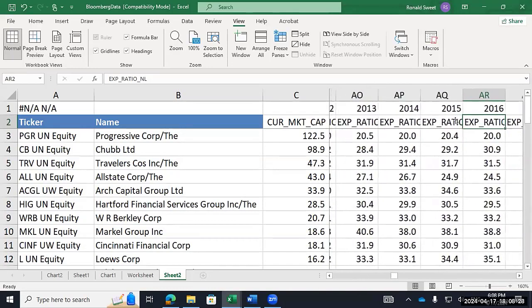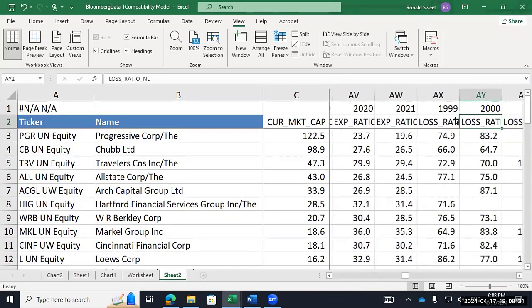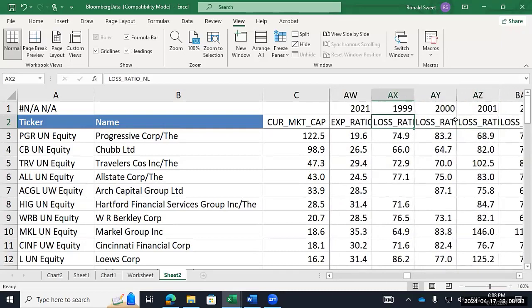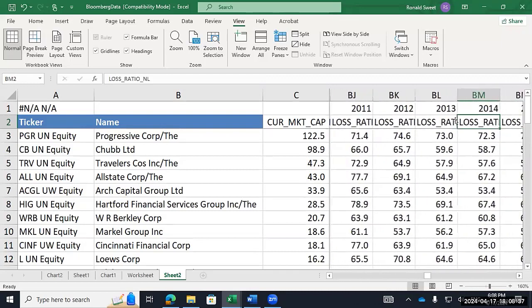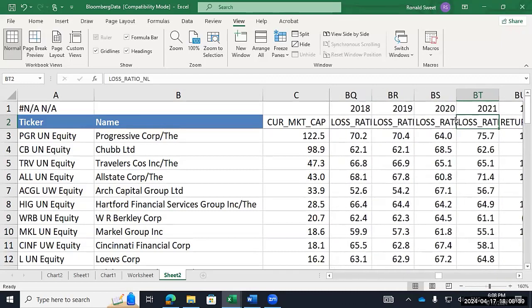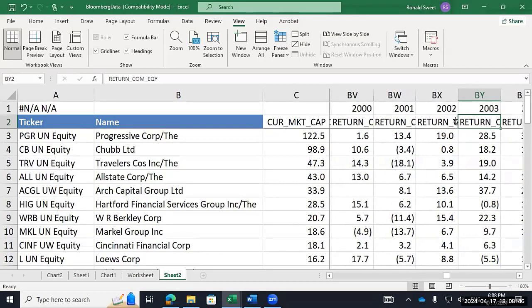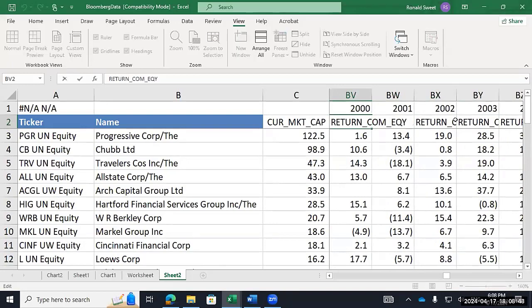I don't know why I brought in so many years. And there's a loss ratio. I don't have the LAE ratio. I can't remember if they actually had that one. You can figure it out though, because it's essentially the combined ratio minus the expense ratio minus the loss ratio. And then I also brought in their return on equities.